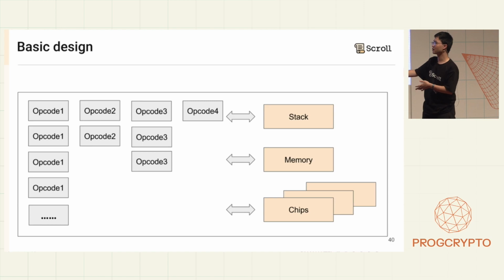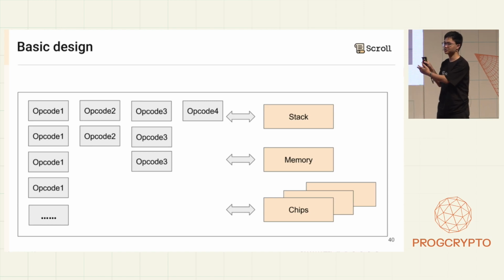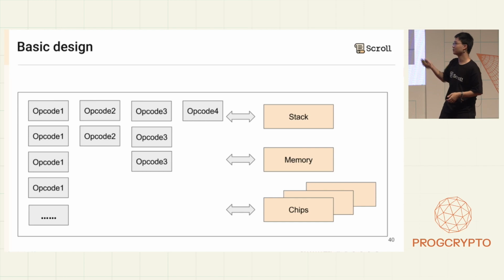I put that in one column, but as I mentioned, you actually lay it out in a row, because it's tied to the width of the circuit, and you don't want to add to the depth of the circuit. So basically, you put all the same opcodes together in the same column, and then all those opcodes link to stack, memory, or other chips, which are other circuits like Keccak or those more unfriendly circuits, using lookup tables. And so this is a basic design.